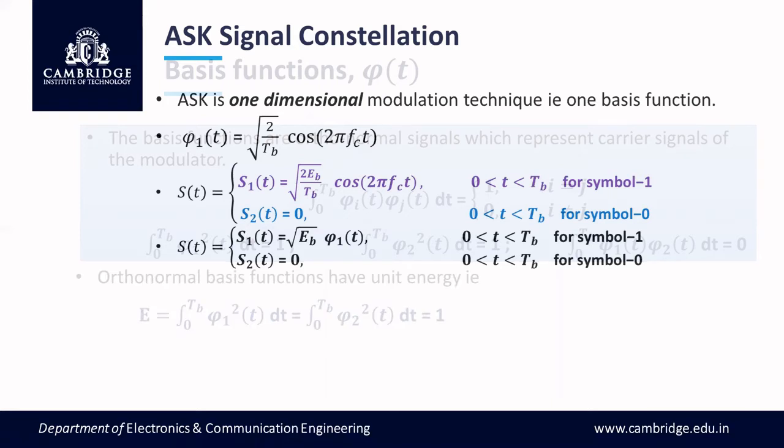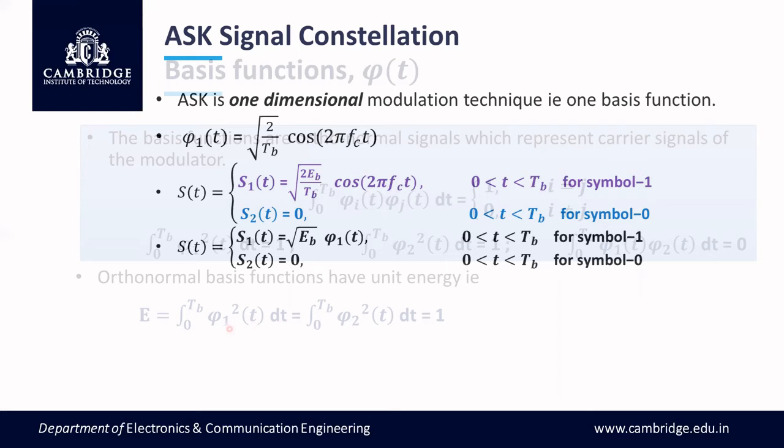Let us look into the energy of these basis functions, and look at this amplitude part. As we know, the square of the signal has power of 2 by TB. It is because phi 1 of t when squared, as per our earlier discussion, the energy, the power of the signal for all these basis functions must be phi 1 square of t in unit time, 1. So power into time is energy.